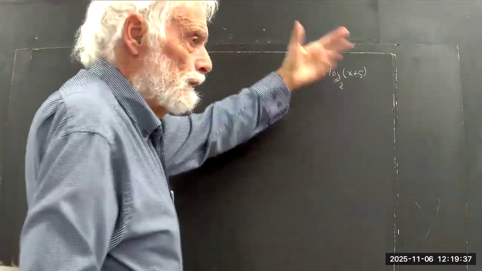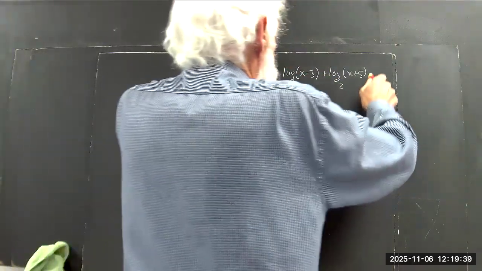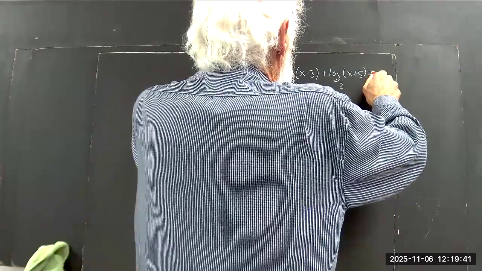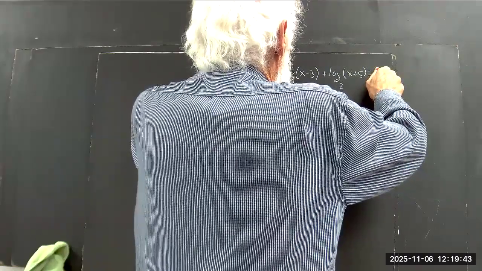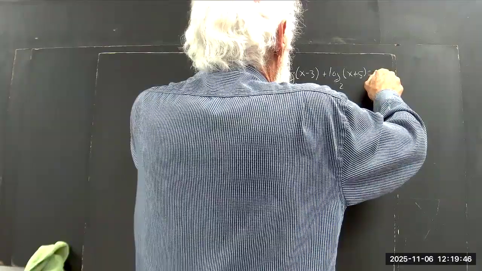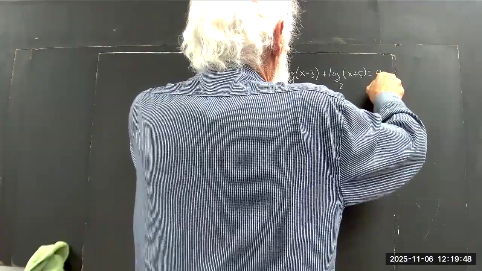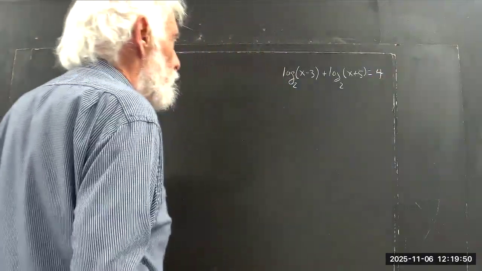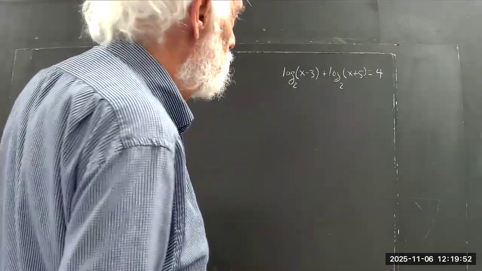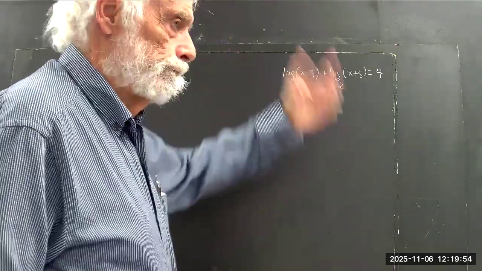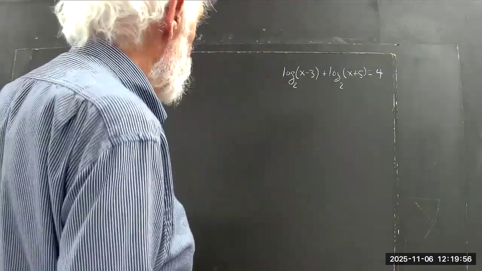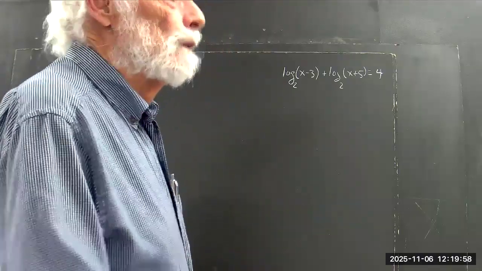Base 2 is kind of nice because the numbers are pretty easy to figure out. Okay, so right there's a pretty straightforward equation. Rearrange that.